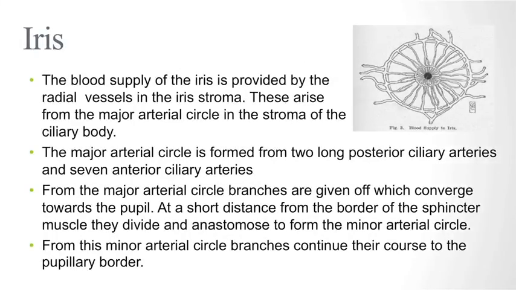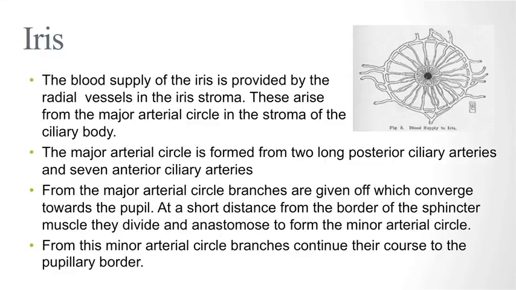The blood supply of the iris is provided by the radial vessels in the iris stroma. These arise from the major arterial circle in the stroma of the ciliary body. The major arterial circle is formed by 2 long posterior ciliary arteries and 7 anterior ciliary arteries.